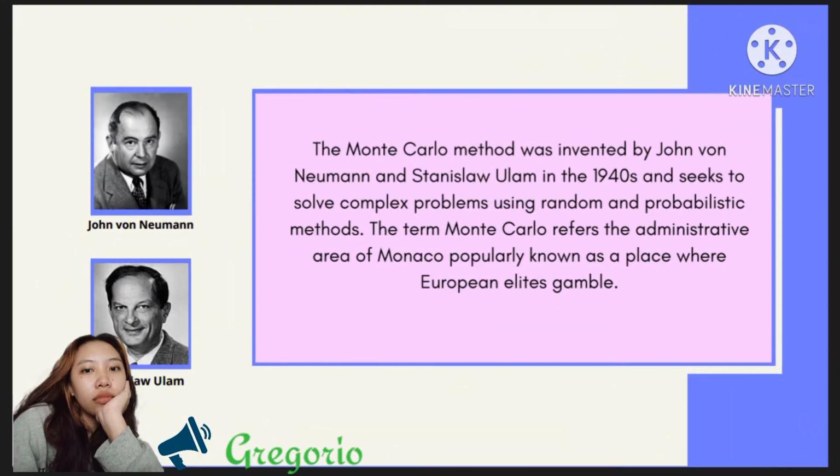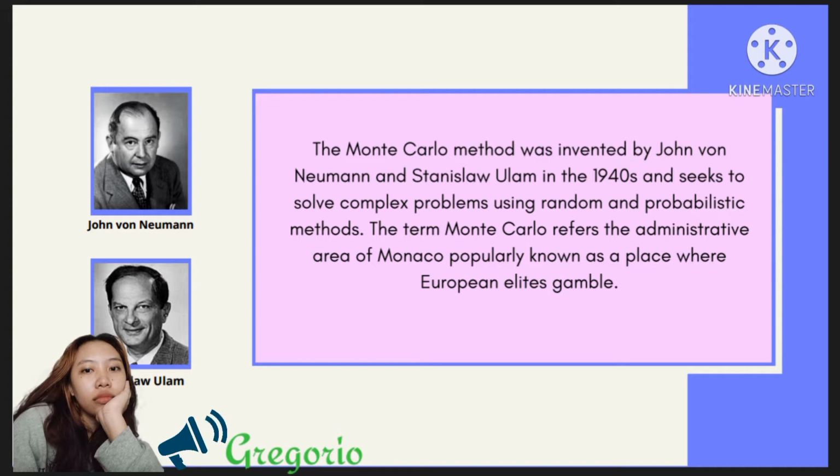Monte Carlo simulation history. So Monte Carlo simulations are named after the popular gambling destination in Monaco, since chance and random outcomes are central to the modeling technique, much as they are to games like roulette, dice, and slot machines. The technique was first developed by Stanislaw Ulam, a mathematician who worked on the Manhattan Project.